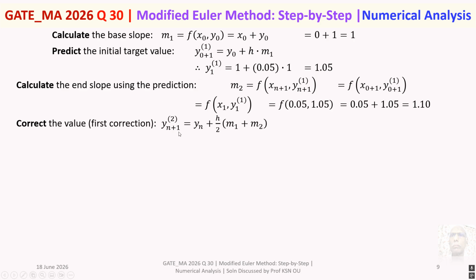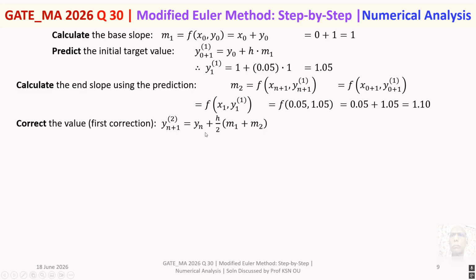Right. Now correct the value, that is the first correction. Still n is 0 only, so y(n+1) superscript 2 is equal to yn plus h into the average of the slopes, the base slope and the predicted slope.